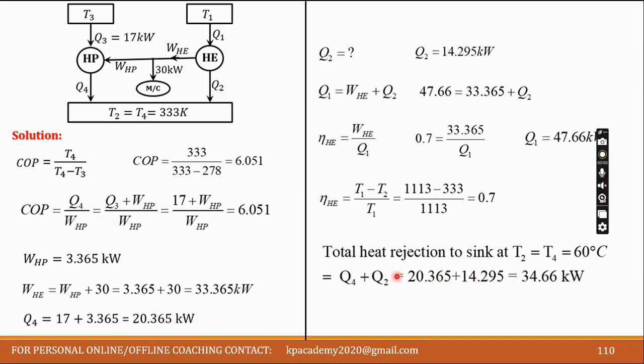Adding both, we get 34.66 kilowatt. This is the total heat rejected to the sink, right? And the other unknown was Q1, which we have got over here. So this way we can easily find the solution to our numerical.